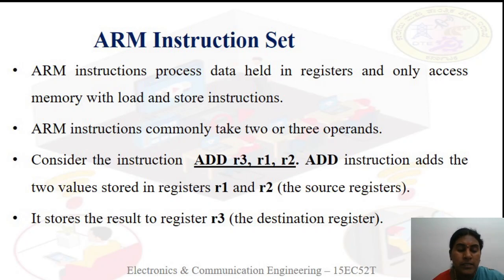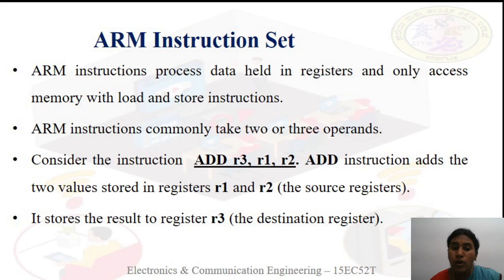Then our ARM instructions commonly take 2 or 3 operands. In the last class, I told you all ARM instructions are 3 address instructions. It means it contains 3 operands or 2 operands. Here, consider the example, that is ADD R3, R1, R2.